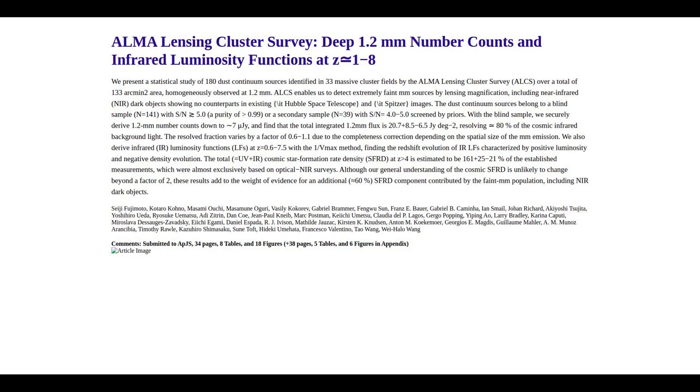The total cosmic star formation rate density at z > 4 is estimated to be 161% of the established measurements, which were almost exclusively based on optical/near-infrared surveys. Although our general understanding of the cosmic SFRD is unlikely to change beyond a factor of 2, these results add to the weight of evidence for an additional SFRD component contributed by the faint population, including near-infrared dark objects.